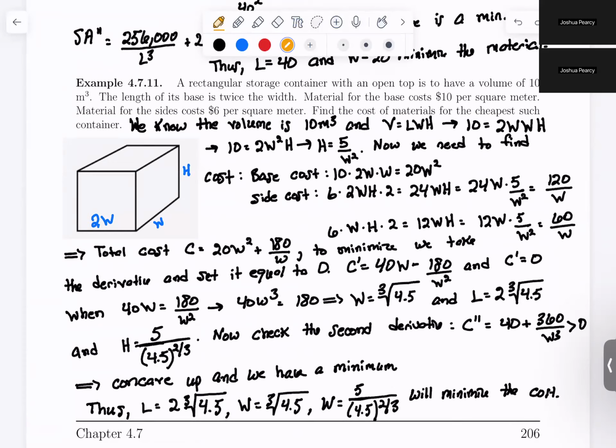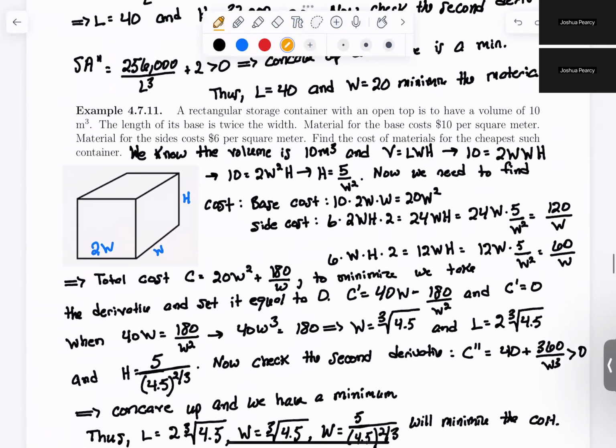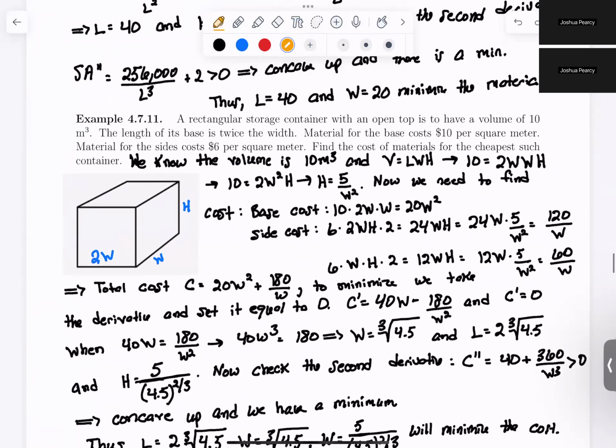So what I did here is that this length is equal to twice the width W, equal to 2W. It says material for the base costs $10 per square meter. Materials for the sides cost $6 per square meter. So the base is this piece here, right?